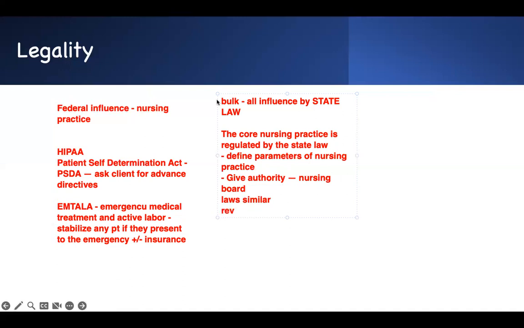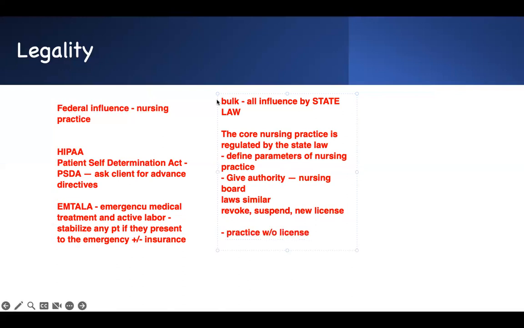What is their main function? They can revoke, suspend, and reinstate, or give you a new license to practice. It's very, very important. And what do they look for? You can get into trouble, with your license revoked or suspended, if you practice without a license.